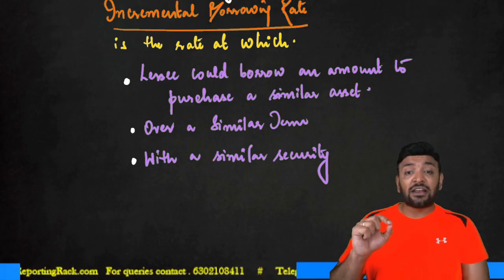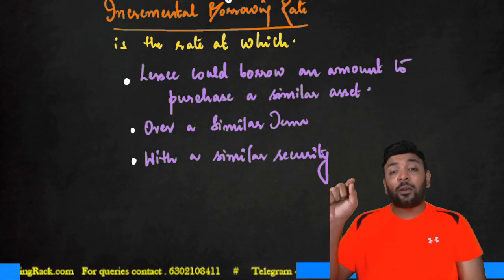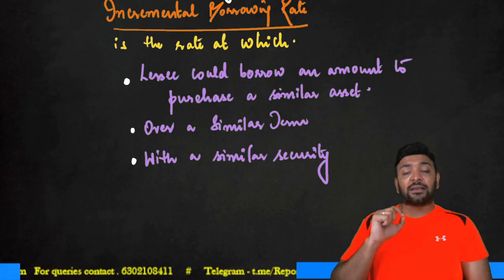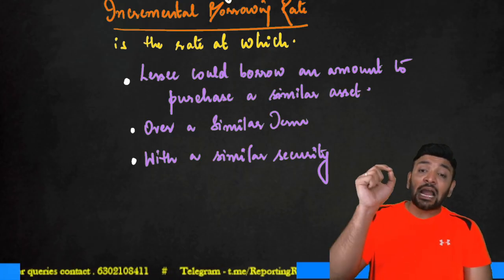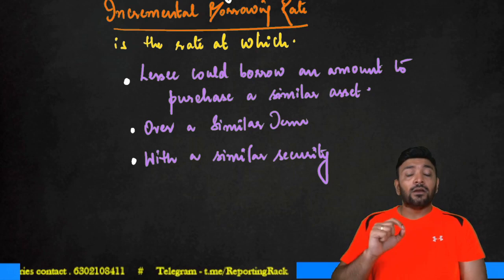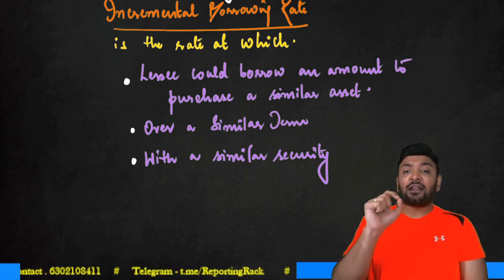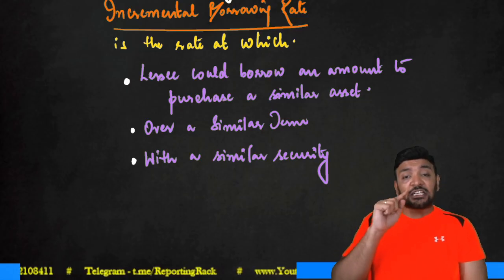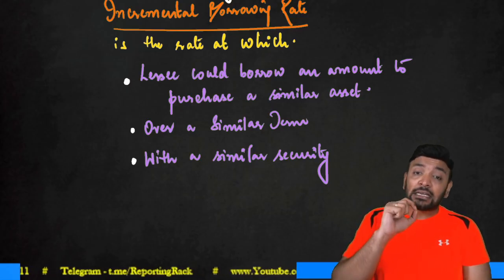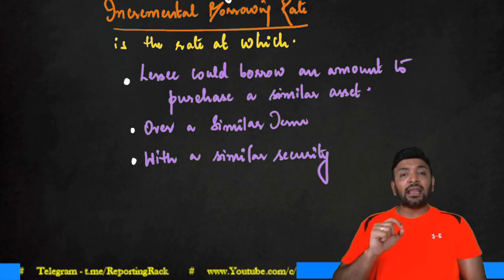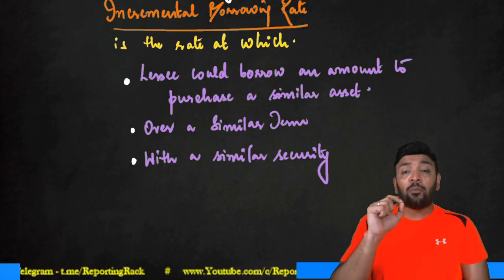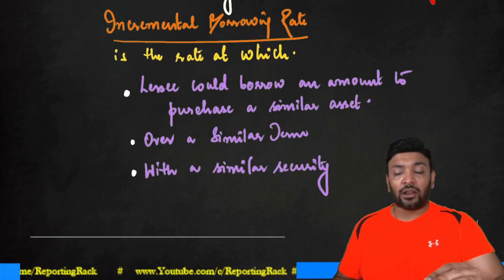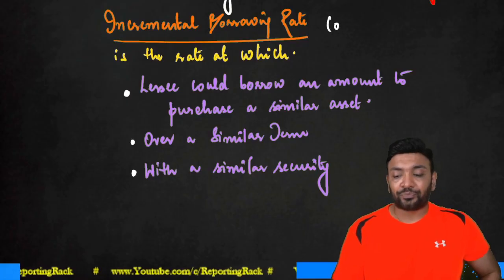But if I take it on lease, I would pay on periodic lease rental basis. So if I had to purchase this similar asset, I would have borrowed funds. At what rate would I have borrowed the funds to purchase the asset over a similar term with a similar security shall be called the incremental borrowing rate of lessee. This is called the incremental borrowing rate of lessee.